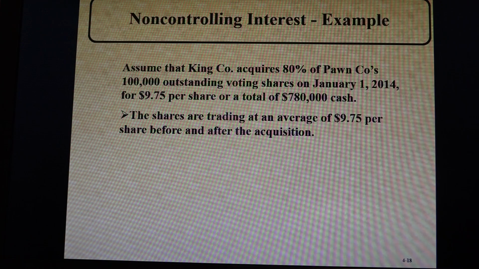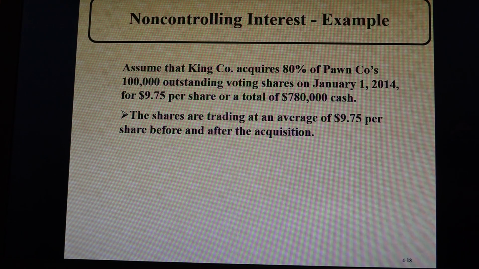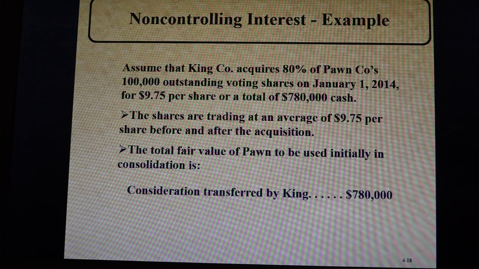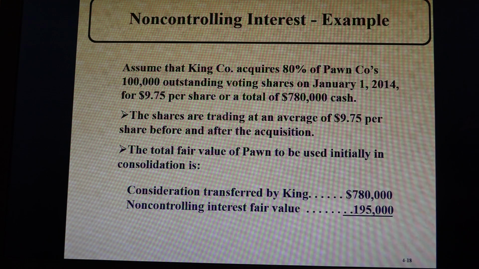And so the total fair value of Pawn to be used initially is the $780,000 consideration transferred by King plus $9.75 times the other 20,000 shares.